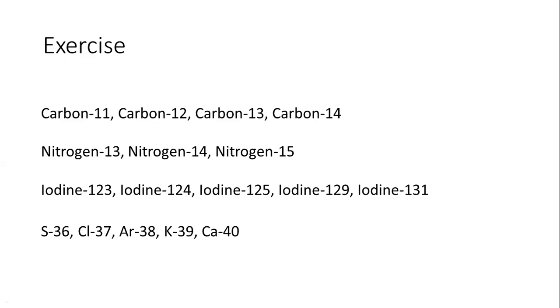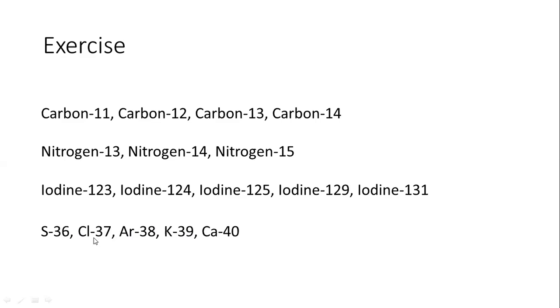Here the symbol is not repeating, the element is not repeating. That means one nuclide is different from the other nuclides, so the protons are different. That means the atomic number is different, so these nuclides do not have the same protons, which means these are not isotopes.